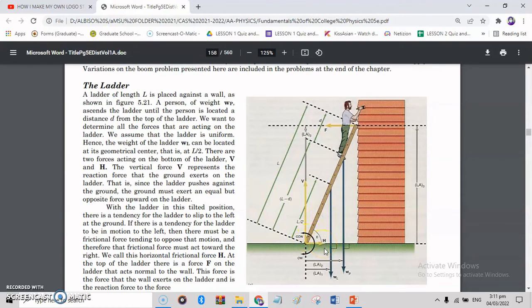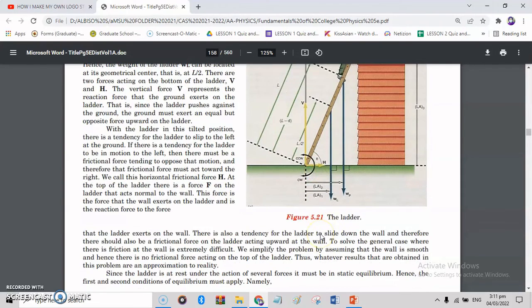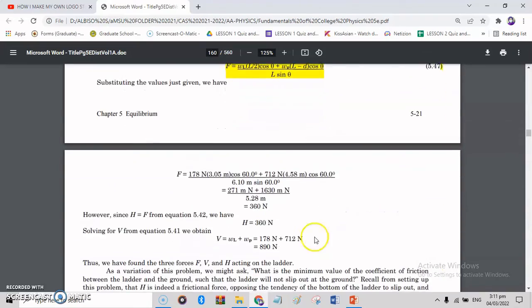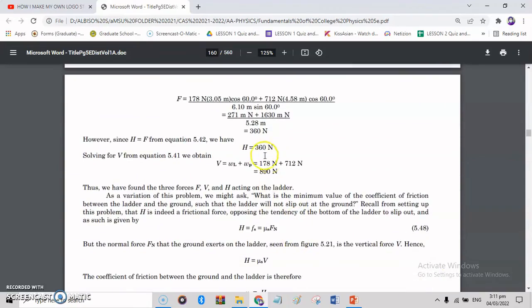Yan ay para hindi mag-slip. Okay, for that force na hindi mag-slip si ladder. Okay, kung masobrahan ka, halimbawa, nag 365 na yung bigat mo or yung computation mo, and then yung kaya lang i-hold ng ladder na yan is 360 Newton. That's the time na mag-slip yung iyong ladder. Okay?